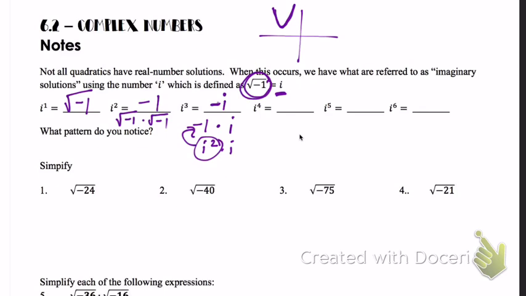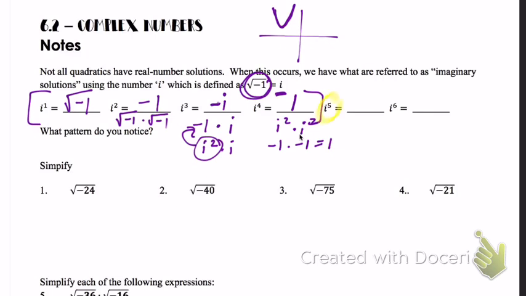And if I have i to the 4th, it's like saying i squared times i squared. So it would be like -1 times -1, which is a positive 1. Then, every 4 exponents, it begins the pattern all over again.